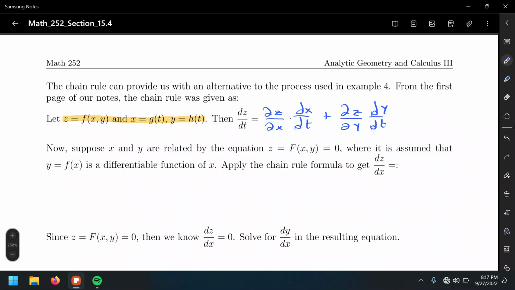That's what we got from the first page, the general chain rule for two intermediate variables, but only one independent variable.